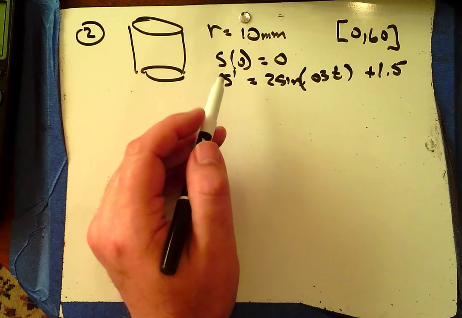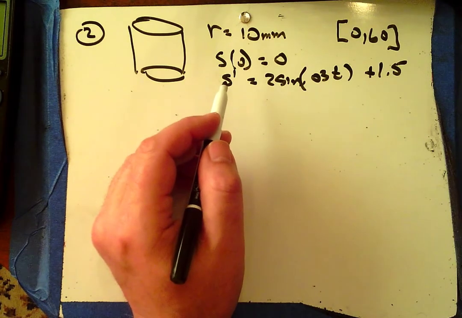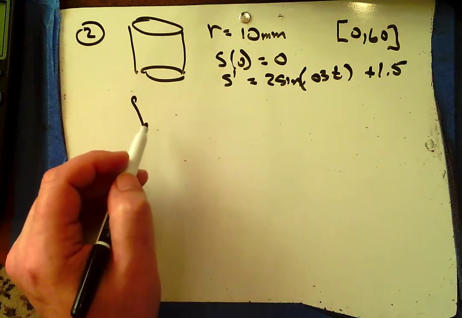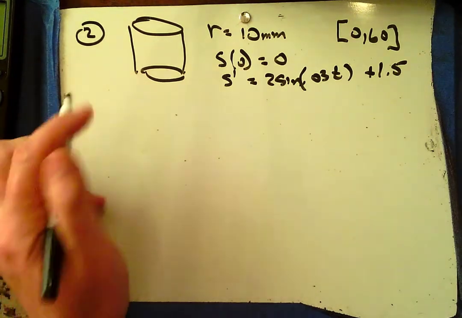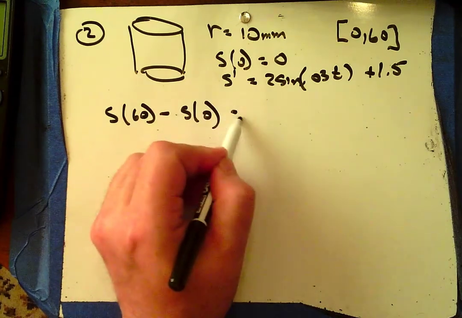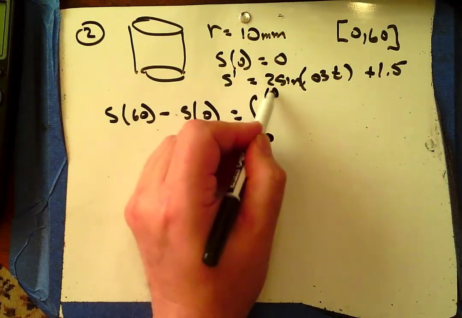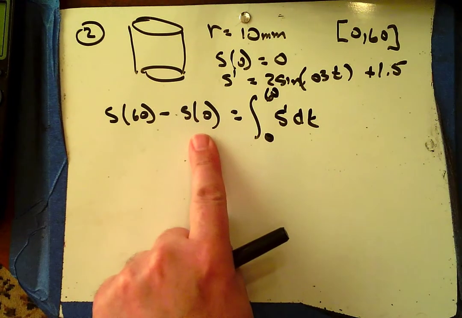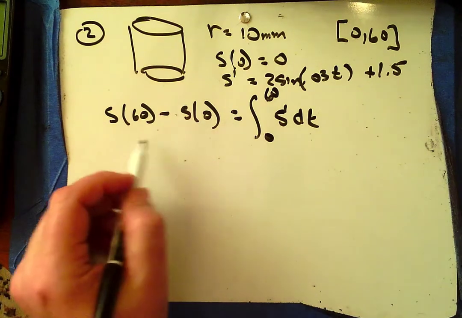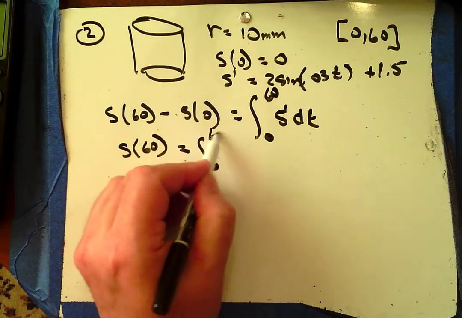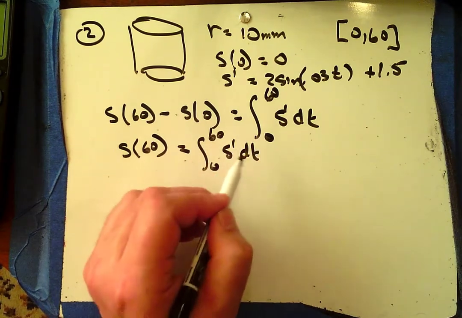So part A: according to the model, what is the height of the water in the can at the end of the 60-day period? So if I integrate, I want to say S of 60 minus S of 0 equals the integral from 0 to 60 of S prime dt. Well, S of 0 is 0, and so really I just need this integral from 0 to 60 of S prime dt.